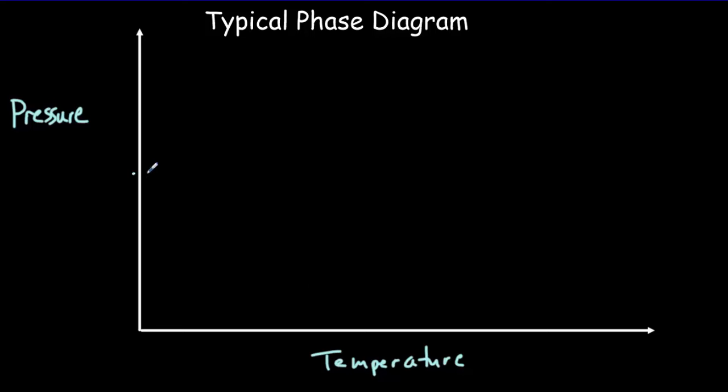So let's suppose right here on our graph represents 1 atmosphere pressure. Atmospheric pressure, 101.3 kilopascals. Then of course, if we're at low temperatures over here, our substance is likely to be a solid. But as we increase the temperature, it's going to change into a liquid. And we increase the temperature a little more, it changes into a gas.